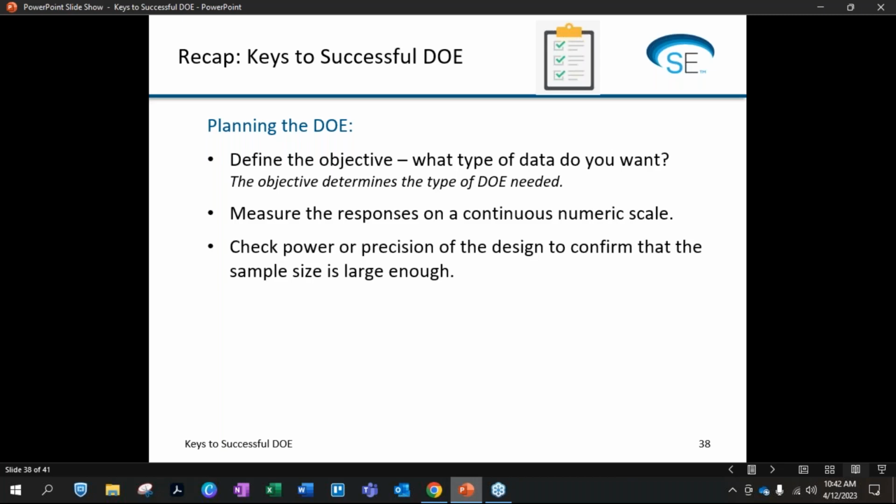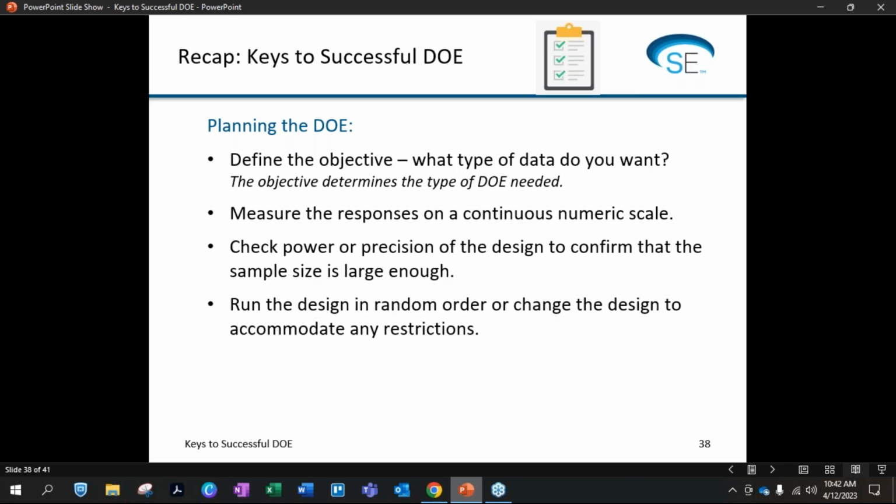Make sure that power or precision of the design is above 80% so that you know that you have a big enough sample size. And run the design in random order or design in any restrictions and randomization. Don't just sort it and think that that's good enough. You really want to design those in.